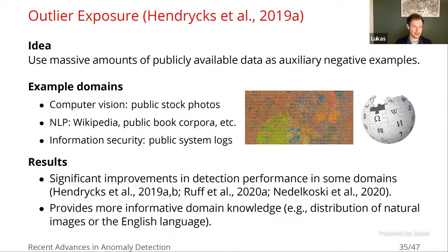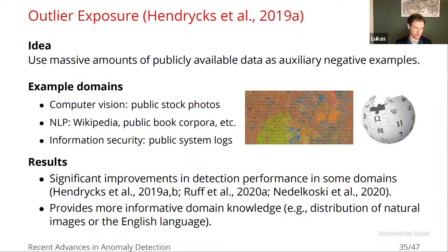And the idea behind this is that we have a more informed domain knowledge. So even if those outlier exposure samples do not correspond to ground truth anomalies that we see, they help to improve the characterization of the normal data distribution that we have, and provide a more informative exposure distribution than, say, just artificial noise.